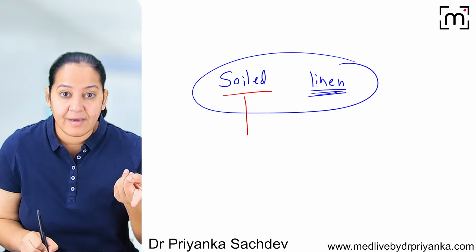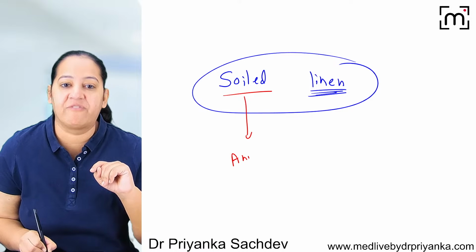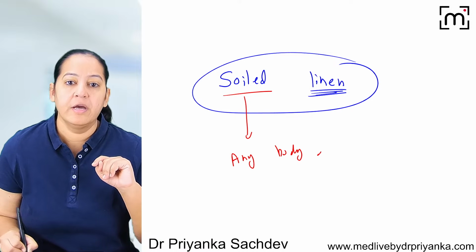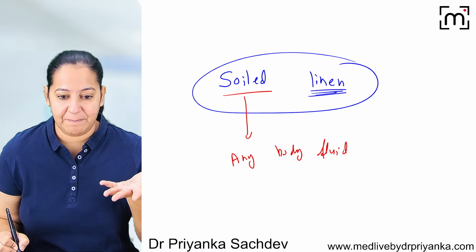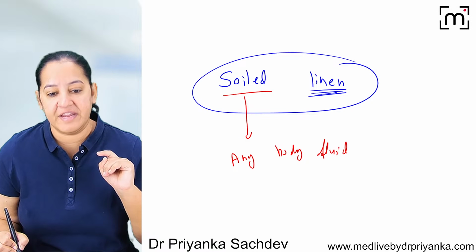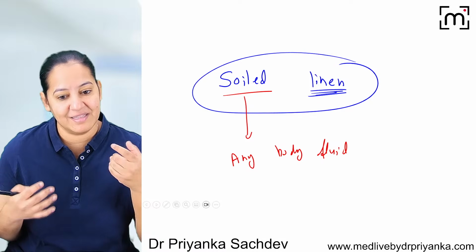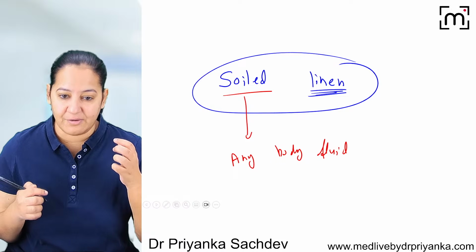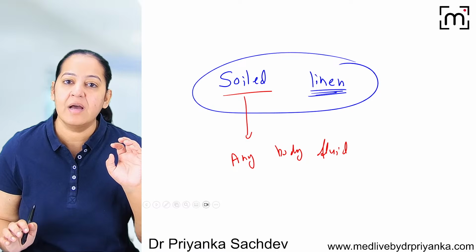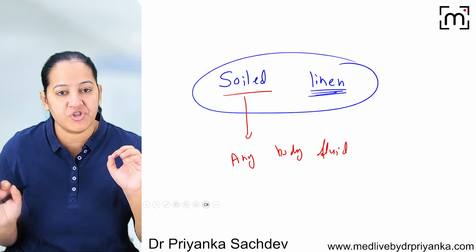Soiled means the linen is contaminated with any body fluid. Usually it is blood. It can be the stool of the patient. Suppose the patient has urinary incontinence, so the patient is passing urine in the clothes, or the patient has incontinence of stool. Those clothes cannot be washed and reused.